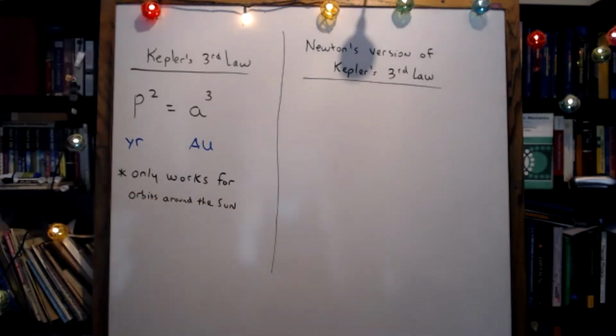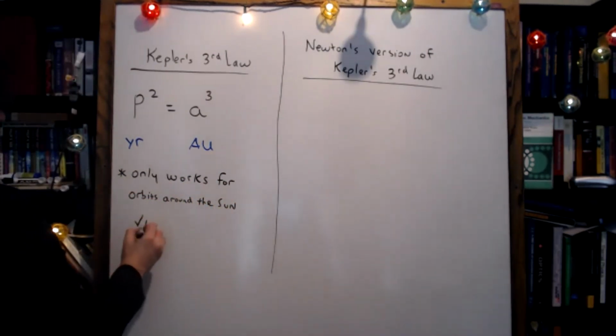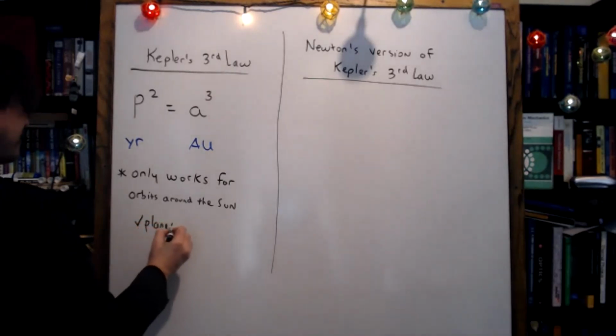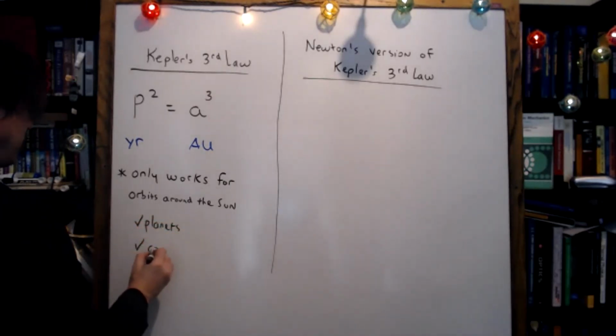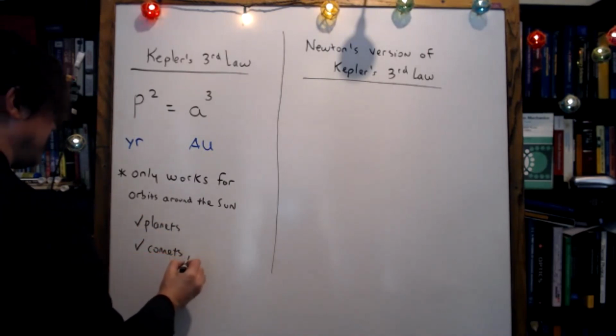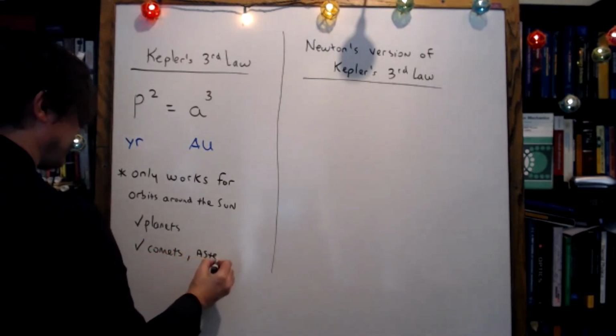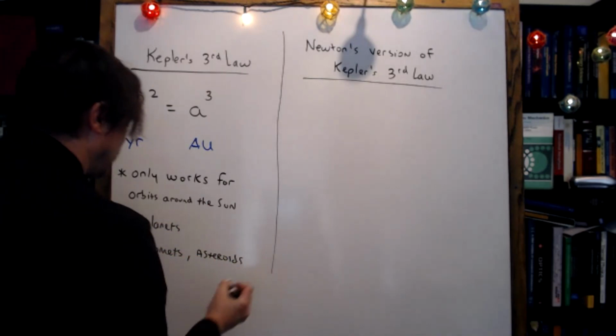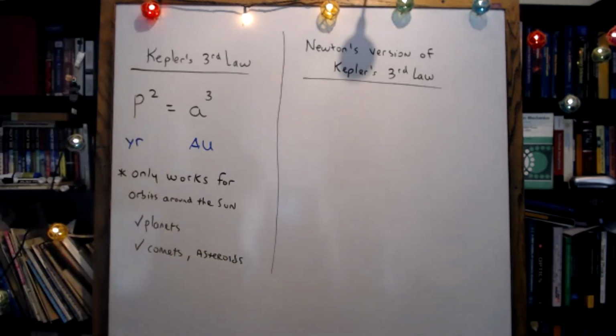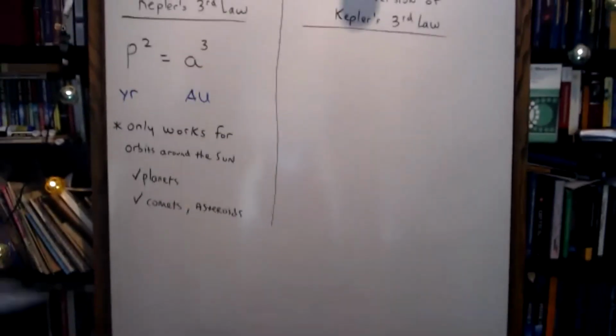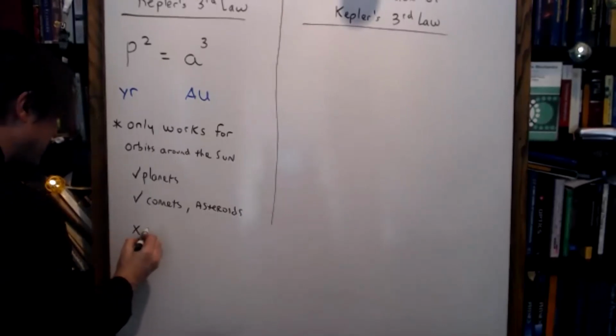In other words, this will work for planetary orbits. It will also work for comets and asteroids, because both orbit the sun. But it will not work for moons.